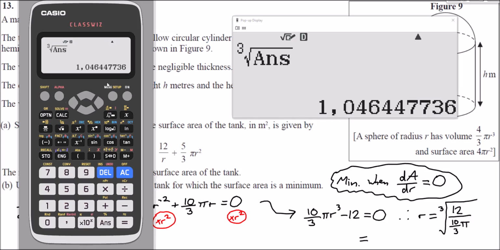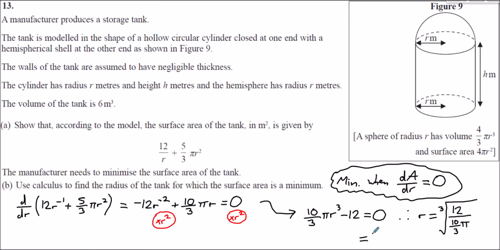I get 1.04644 and so on. And that, of course, when rounded to three significant figures, I get 1.05.